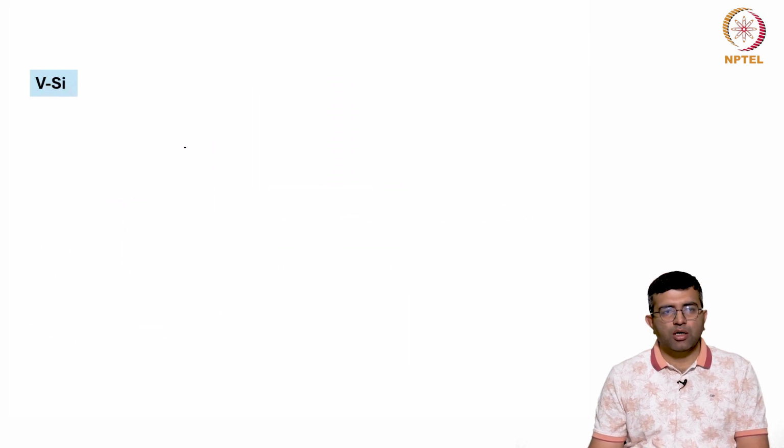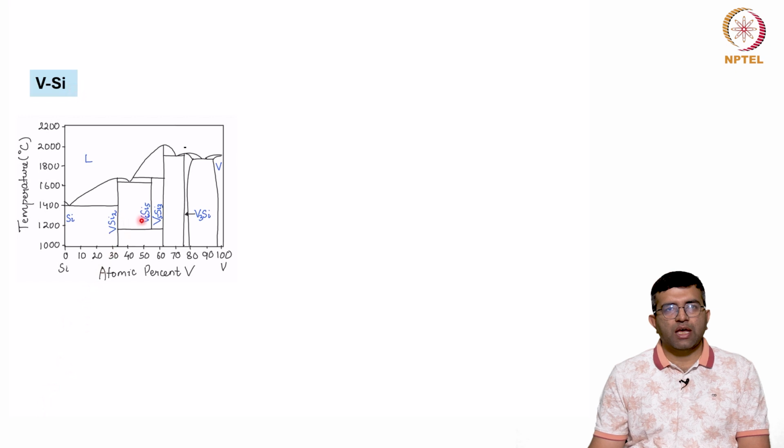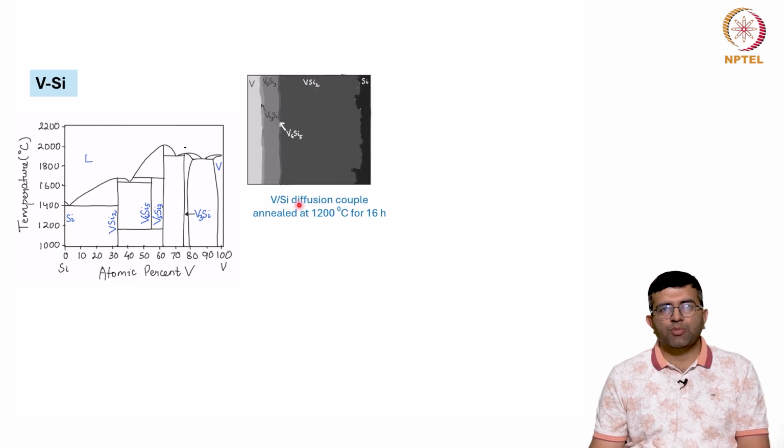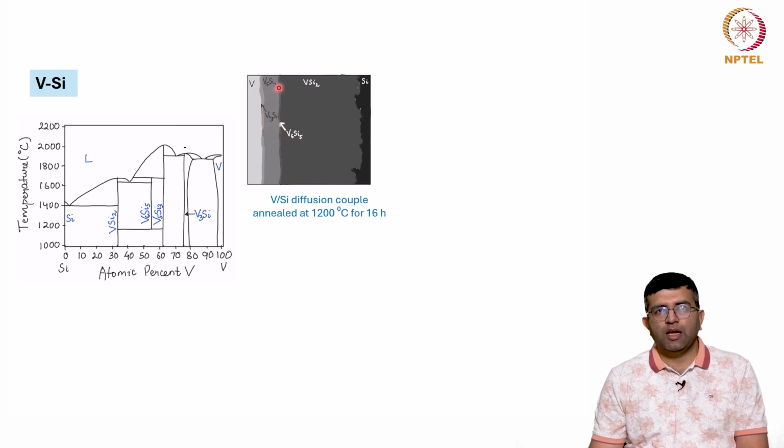Then you have the vanadium silicon system, where the phase diagram again has a lot of intermetallic compounds with almost 0 solid solubility on the silicon side. If a diffusion couple is formed at 1200 degrees centigrade for 16 hours, you see thin intermetallic regions of V3Si and V6Si5, and a slightly wider zone of V5Si3.